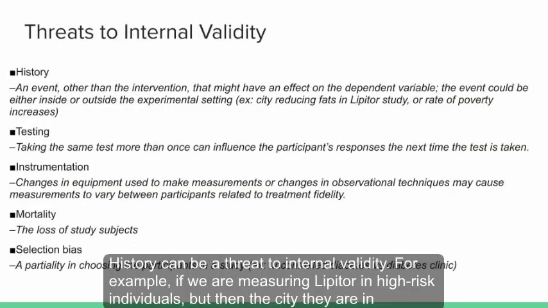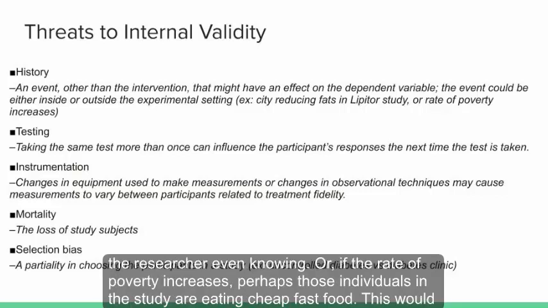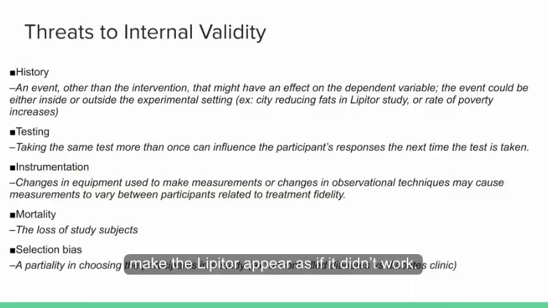For example, if we are measuring Lipitor in high-risk individuals, but then the city they are in implements a low-fat diet for the population, that would change the physiology of the participants and thus change the results, perhaps without the researcher even knowing. Or, if the rate of poverty increases, perhaps those individuals in this study are eating cheap fast food. This would make the Lipitor appear as if it didn't work.